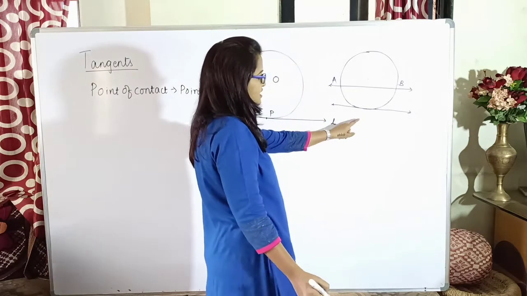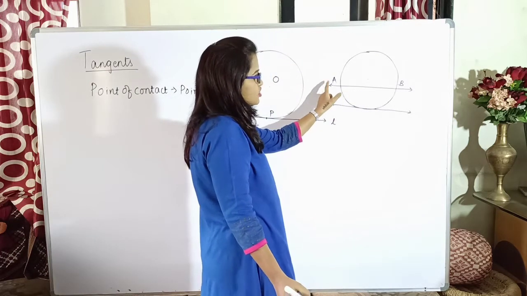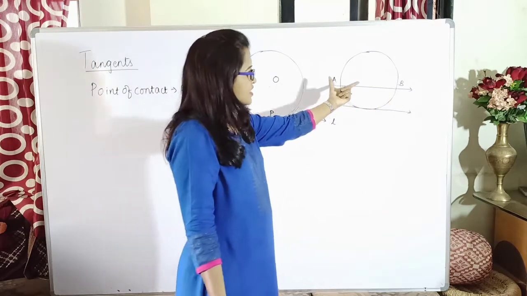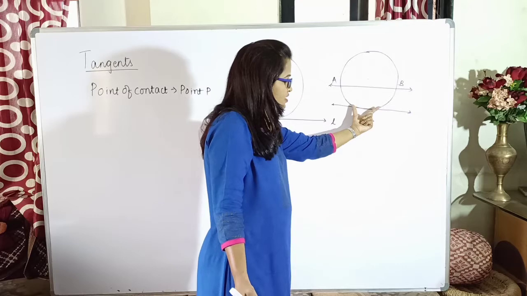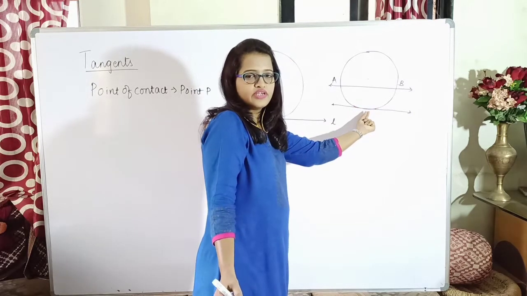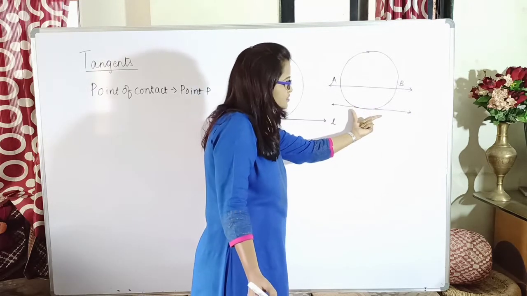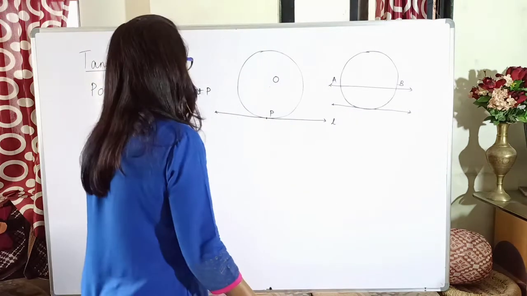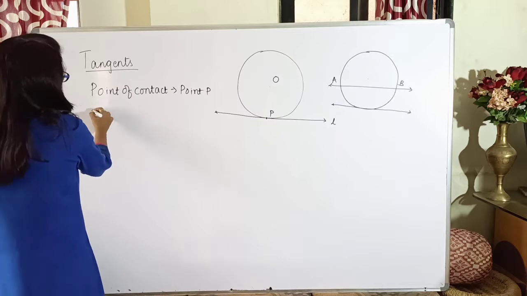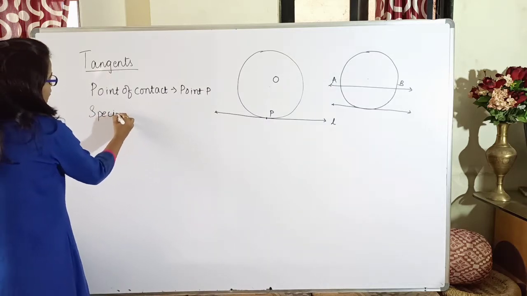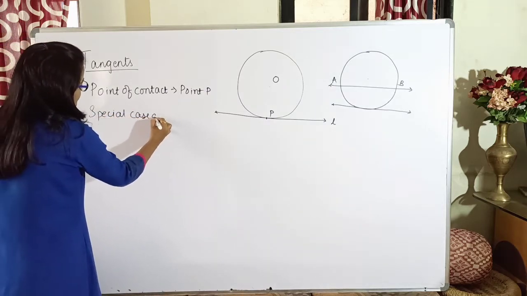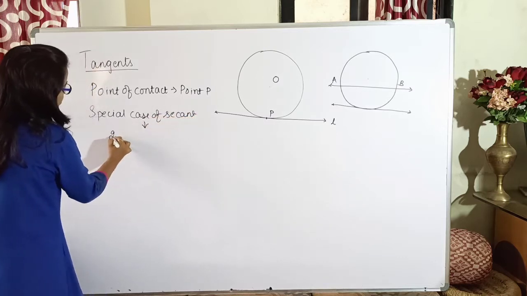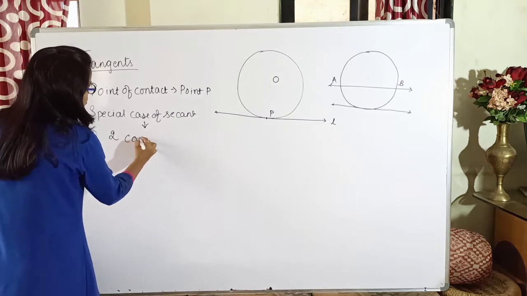So the 2 points which were intersecting the circle at two different points coincide at one point as you move downward, and once they coincide, the respective line becomes the tangent. So that is another definition of tangent: a tangent is a special case of secant wherein the 2 points of the secant coincide.